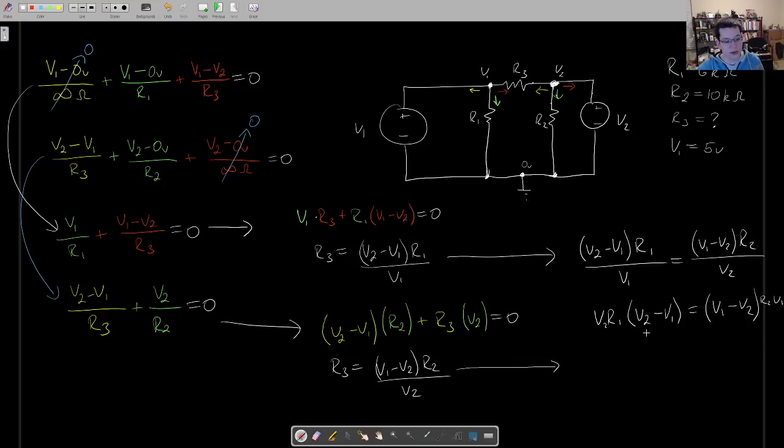And now I want to solve for V2 because that's my other unknown. V2 equals question mark. And I picked that arbitrarily, just for the sake of this example.